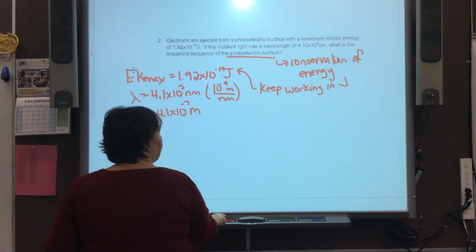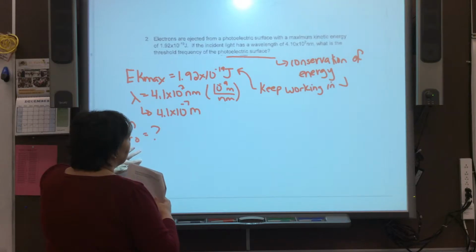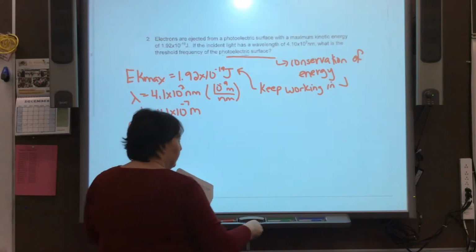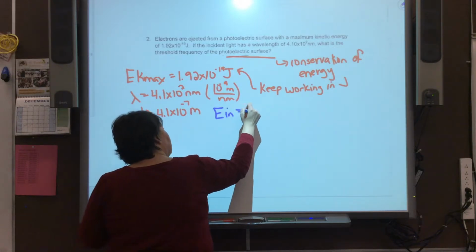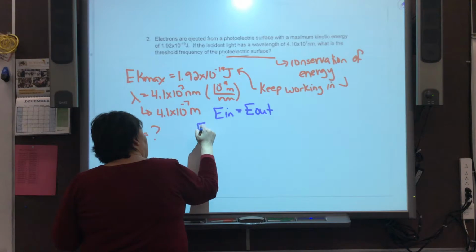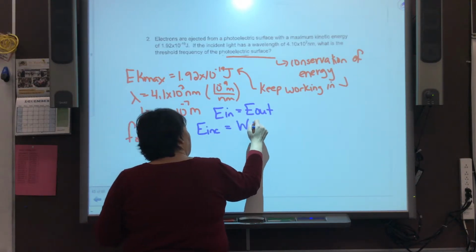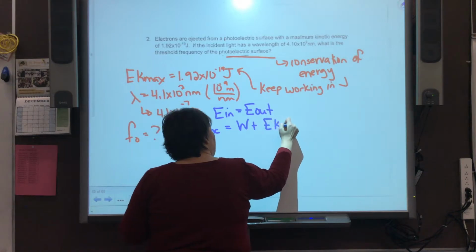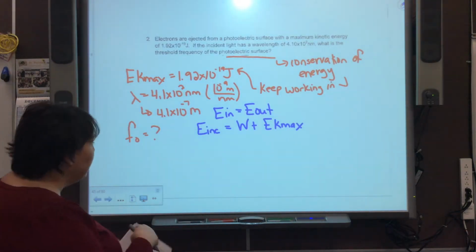Energy in has to equal energy out. That means that the incident energy is equal to work plus EK max. And I know the formula says EK max plus work.